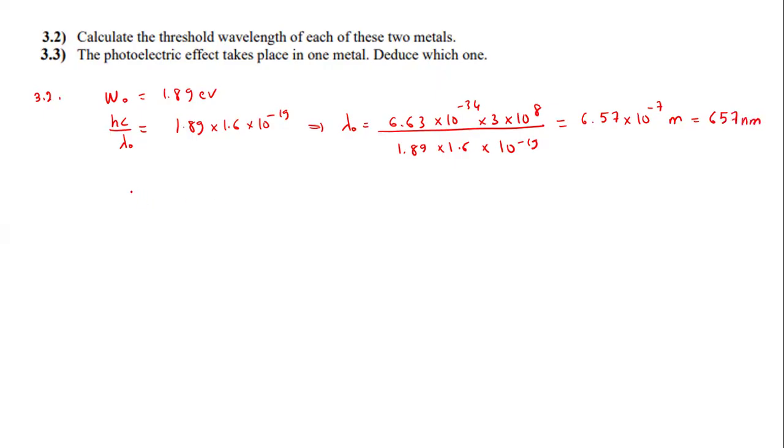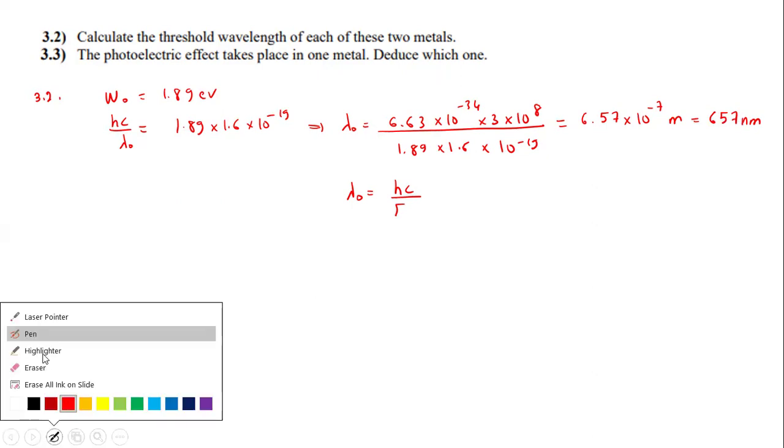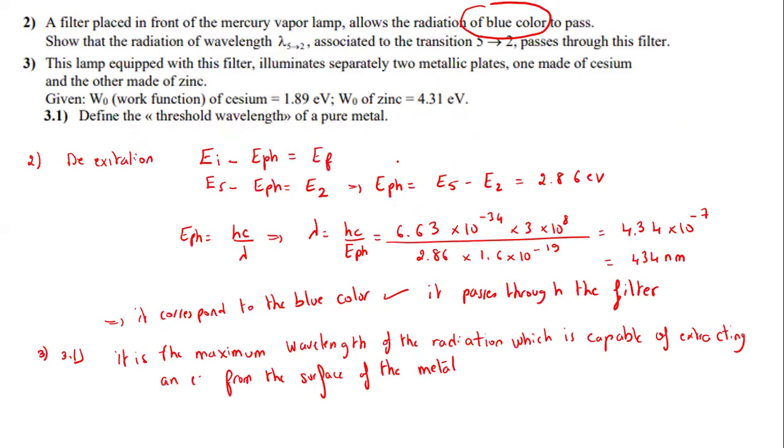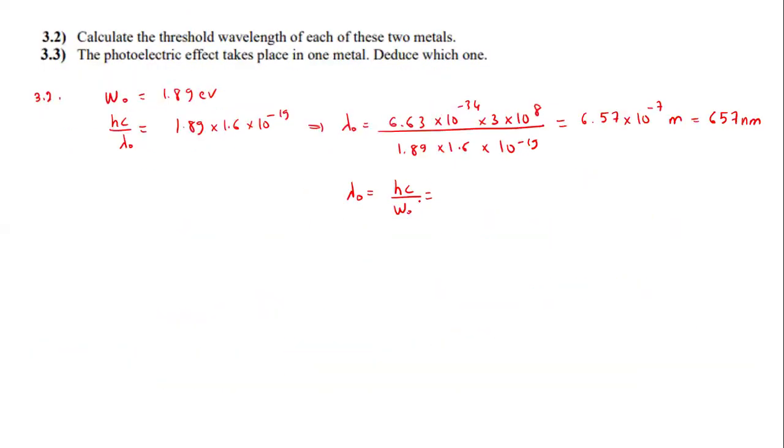As for the second one, for the zinc, same thing, lambda 0 equals hc over W0. The W0 given for the zinc is 4.31. Then in this case, times 3 times 10 to the power 8 all over 4.31 times 1.6 times 10 to the power negative 19.